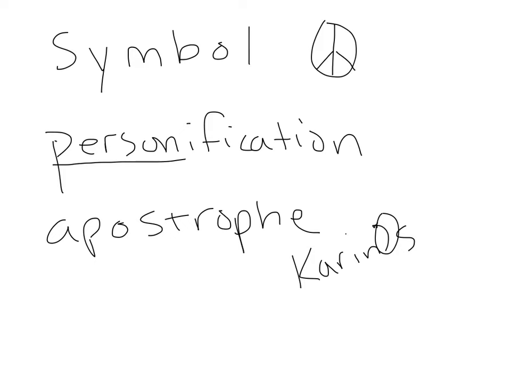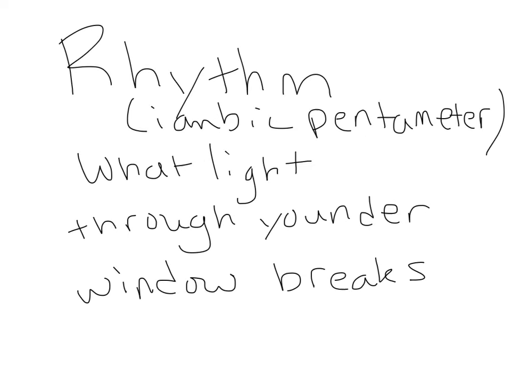It could be a real person or an imaginary person. A lot of times this happens when the speaker in poetry addresses a deity like God or Jesus, or a famous person. That's what apostrophe is.